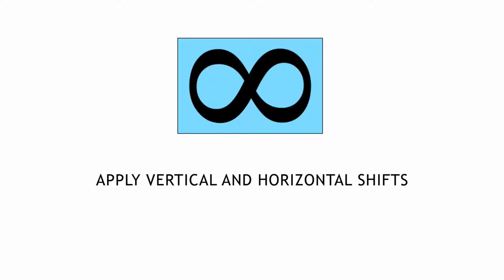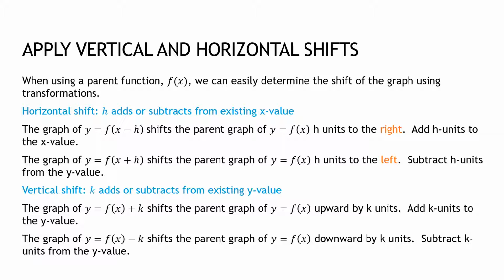Now we're going to talk about how we shift them right or left, up or down, make them shrink or expand, etc. So here we're looking at horizontal and vertical shifts, which means I have, say, a parabola, and this is my normal parent function parabola, and all of a sudden I have a new function written here, which means it got shifted to the right and shifted up, and that's what these horizontal and vertical shifts are all about.